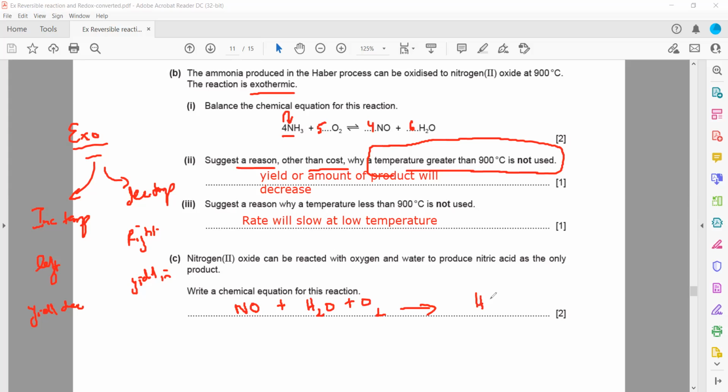The formula of nitric acid is HNO3. Whenever you write the equation it must be balanced, but you don't have to memorize it right now because it is related to the acid topic, which is the next chapter. So it will form 4 molecules of nitric acid.